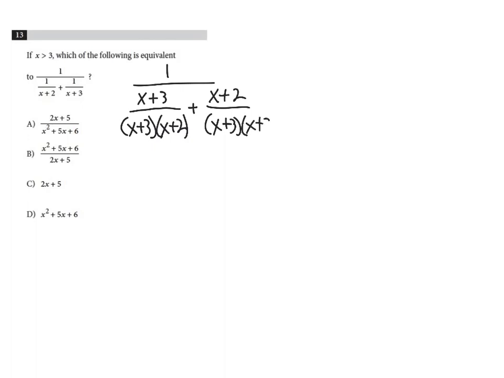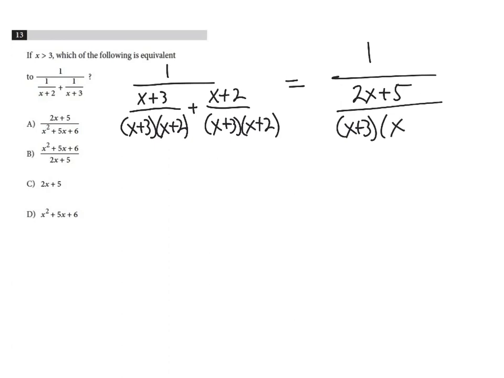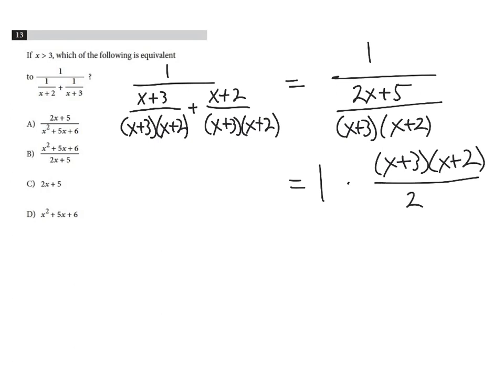Alright, so if I combine these, I'm going to get 1 over x plus 3 plus x plus 2, that's going to be 2x plus 5, and the denominator is just (x plus 3)(x plus 2). We also know that dividing by a fraction is multiplying by its reciprocal, so this is the same as 1 times (x plus 3)(x plus 2) over 2x plus 5.